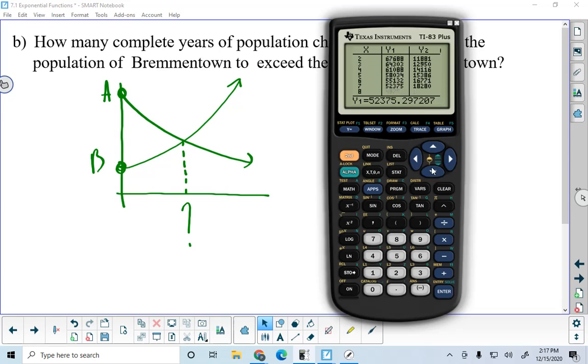But man, I could keep scrolling. You know, I could answer this question. Let's do it this way. Let's keep scrolling. At the end of the 14th year, Brementown has not surpassed Allentown, but at the end of the 15th year, Brementown has surpassed Allentown. We didn't even need a graph. It's 15 years.